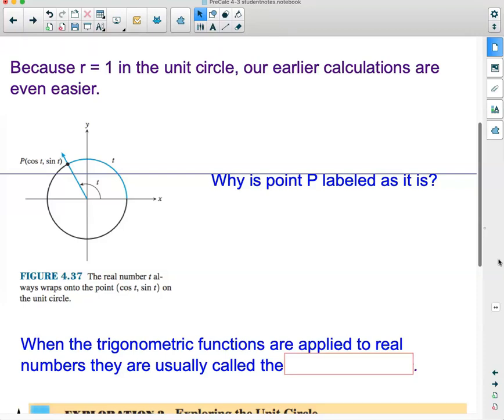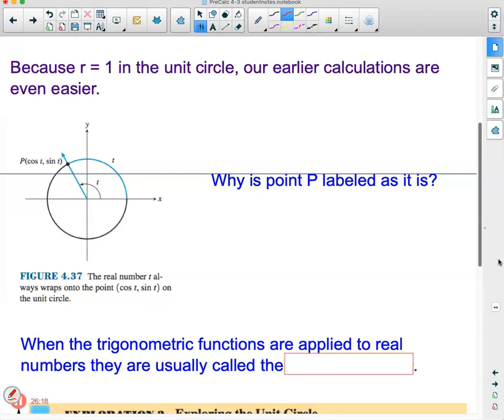Notice that this little point on the unit circle is labeled cosine of t, sine of t. Really? So to find an ordered pair anywhere on the unit circle, all we need to know is cosine and sine of t? Absolutely, because of choosing r as 1. Now, why is point P labeled as it is?